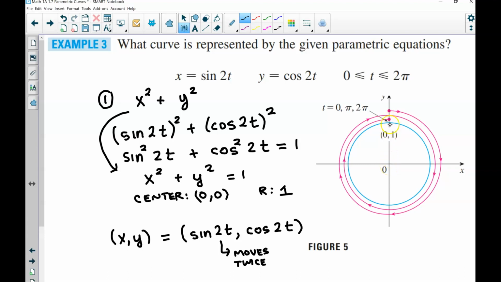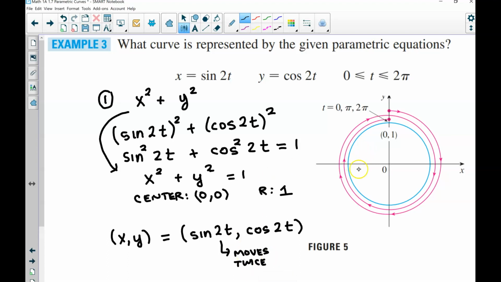And so here's 0, here's 1, right? Sorry, up here. And therefore it's now going in a clockwise direction, and it moves twice around the circle because, again, you have the 2. Now, in these two examples, it shows that different sets of parametric equations can represent the same curve.